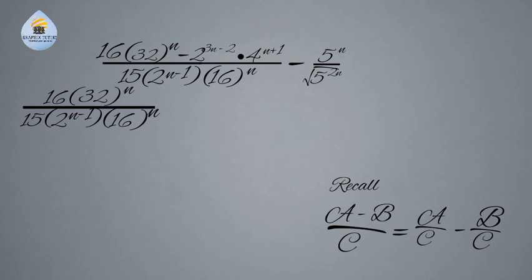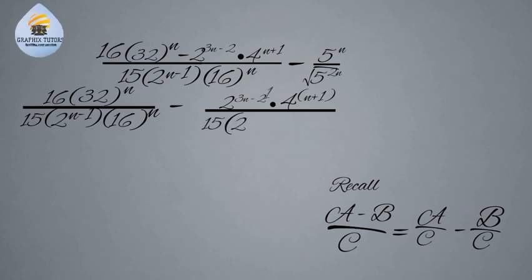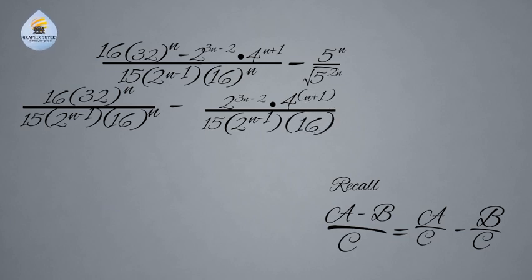Then minus the other one, which is 2 to the power of 3n minus 2 multiplied by 4 to the power of n plus 1, all divided by 15 multiplied by 2 to the power of n minus 1 multiplied by 16 to the power of n. You see, I have separated it. Both of them have the same denominator. That's why I split the denominator into both of them.